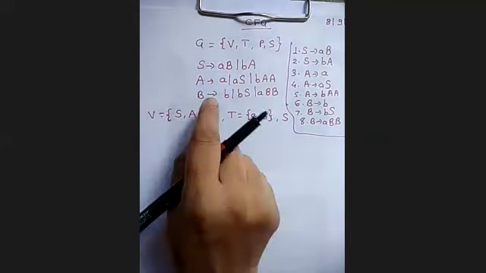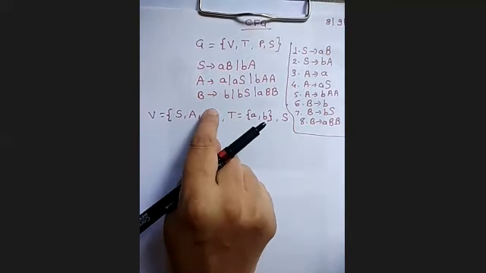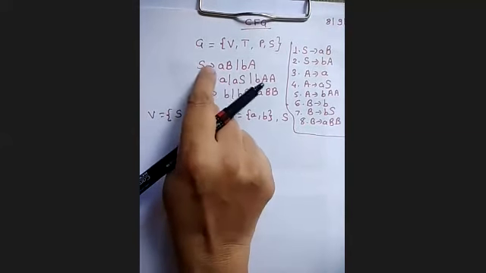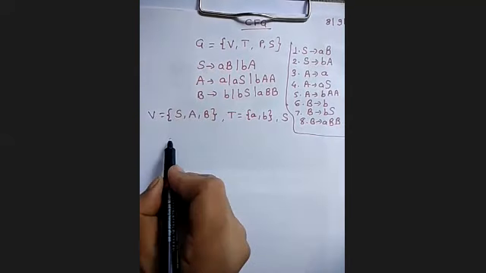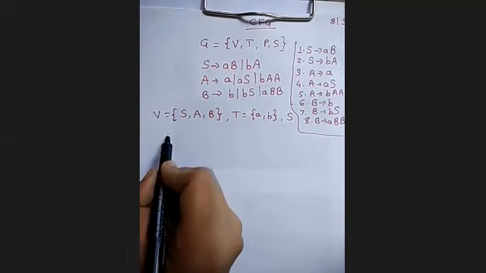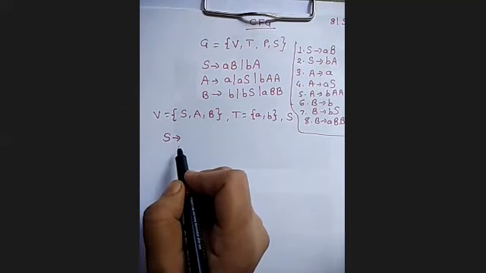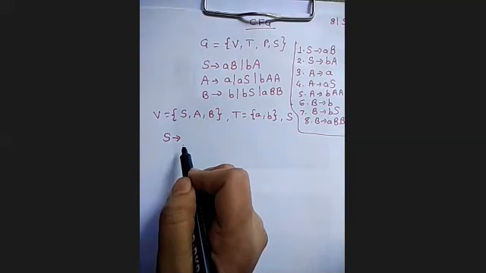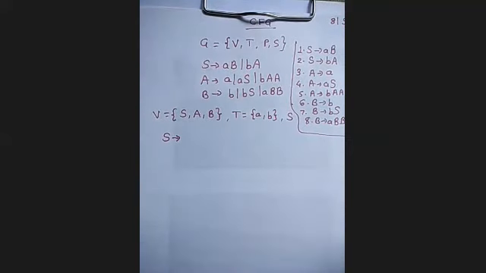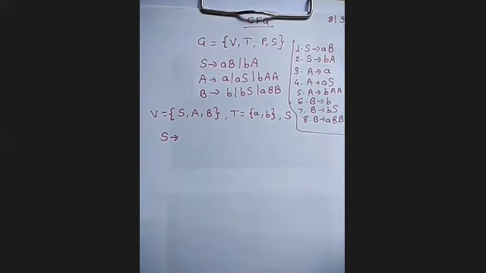Don't start deriving the string with A or with B. You have to always start with the start symbol. And in this case, our start symbol is S. Okay. So let us derive the minimum length string. Who will tell me the minimum length string? What is the minimum length of the string which can be derived using this grammar? Minimum length string.